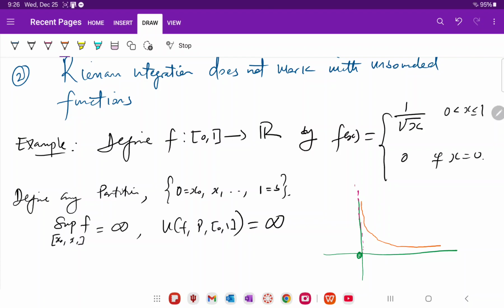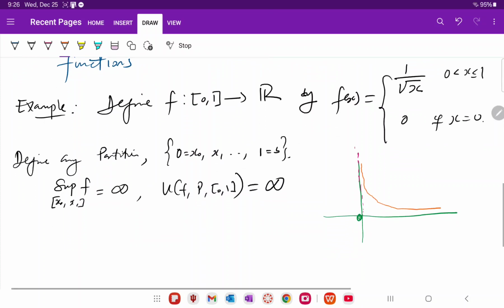So that is what we have on my graph. Because the function is not bounded as x tends to 0, the Riemann integral cannot handle that.